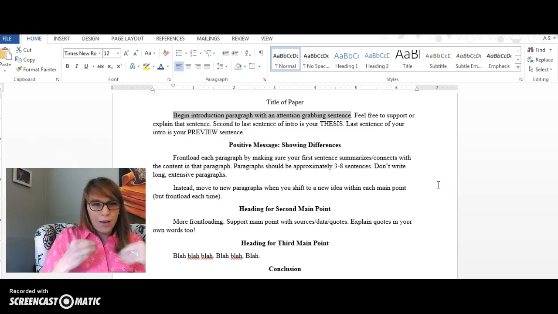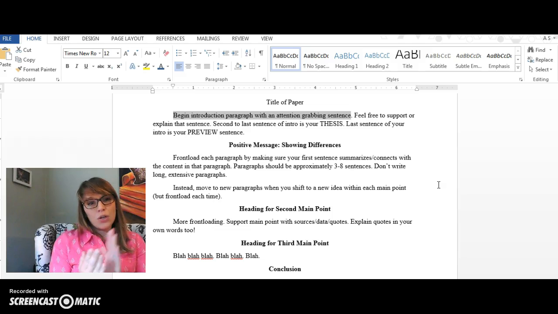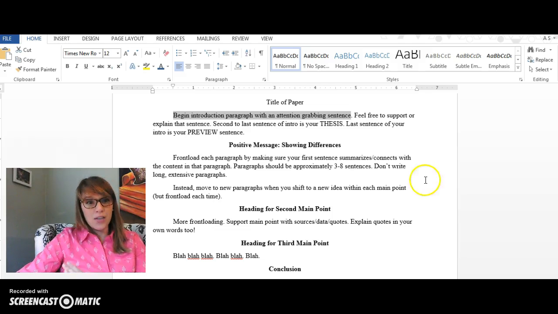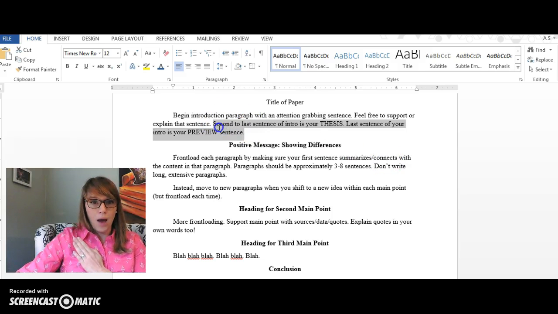So draw the reader in, make them interested in your topic. And you can feel free to support your attention-grabbing sentence with another sentence or two, or another claim, or information, or data. And then the second to last sentence of your introduction is your thesis, where you say, here is what I will do in this paper. And the sentence after your thesis is a preview. Here is specifically what I will write about.